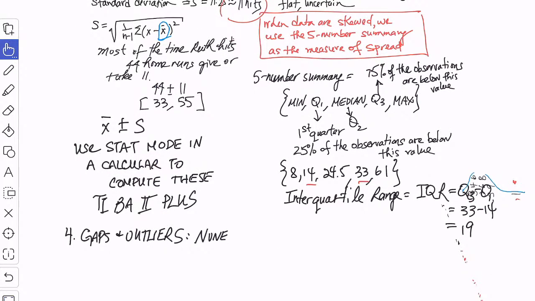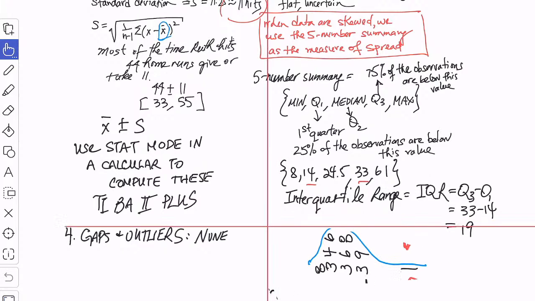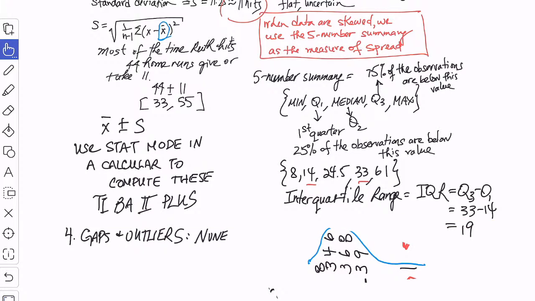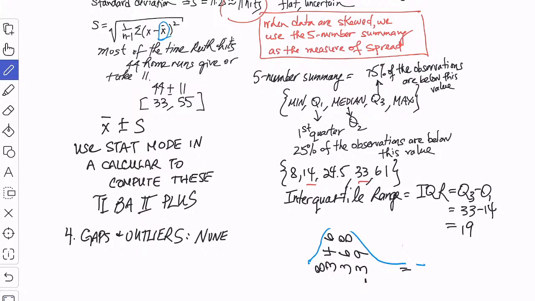Sorry. This is hard to look at. So this was the distribution for Maris. Right?